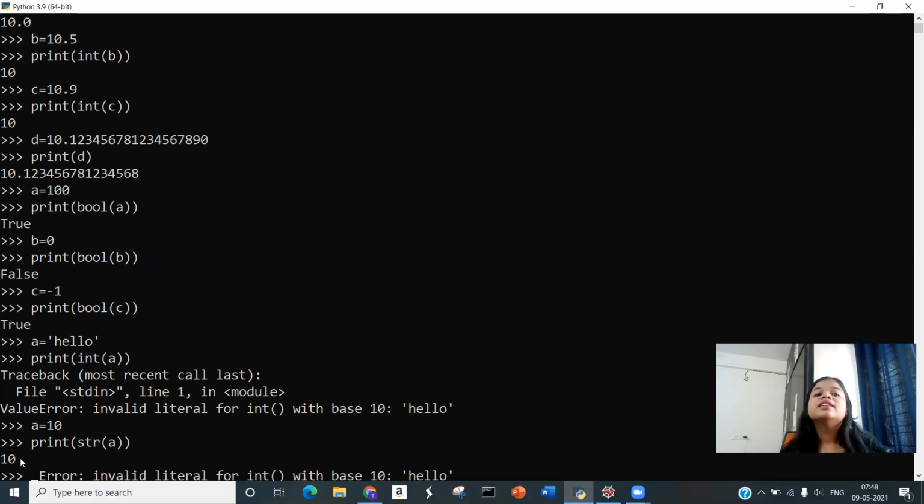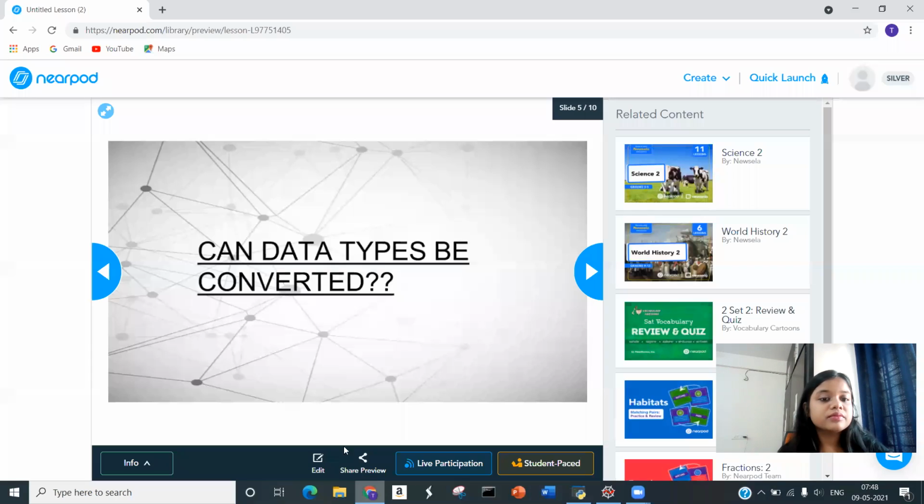So floating numbers and integers can be converted to strings, but strings cannot be converted to any other data type. That's one thing you have to remember. Okay, very good. So I guess you got till here that some data types can be converted, some cannot be, and all data types have some or other kind of relations between them. Okay, so let's go back to our presentation.